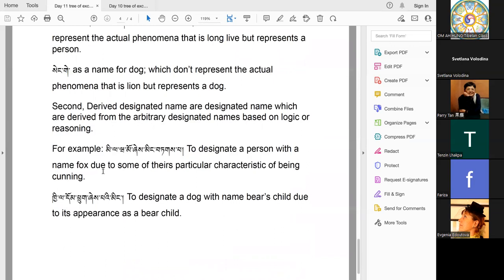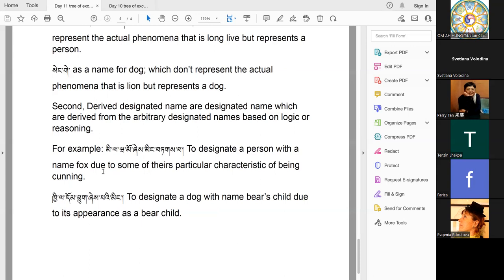So like I said, derived designated names are based on things like the characteristic of someone. Similarly, if someone has a big nose, we call them nache, which means big nose. These are all derived designated names, right? But these names are given on the basis of that particular characteristic, and still it doesn't represent that characteristic.